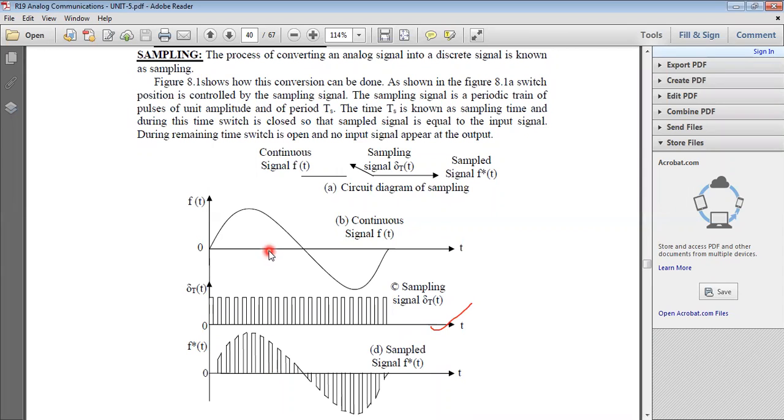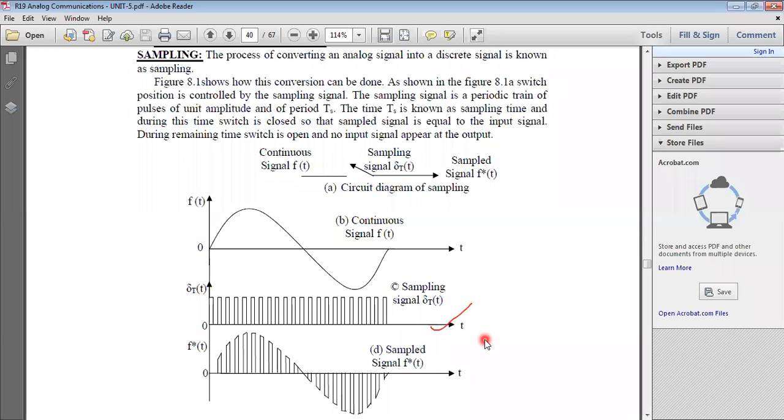Here, what is the modulating signal? The analog signal. So the continuous signal is converted into a discrete signal. This process is called sampling. By the help of only a single switch we can get this sampled signal. This is just for introduction.